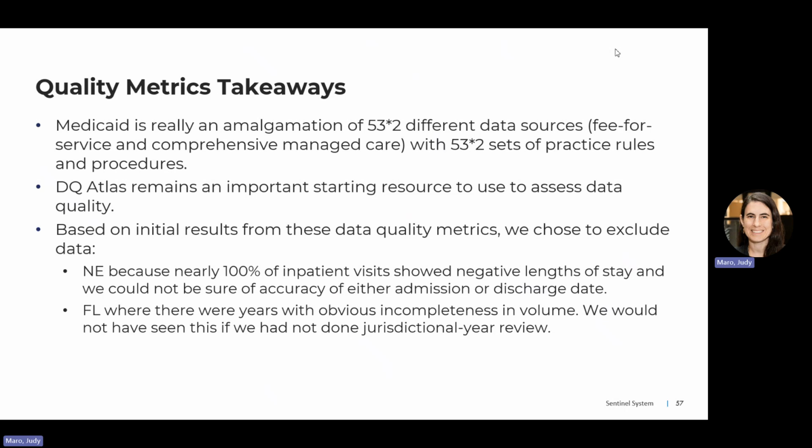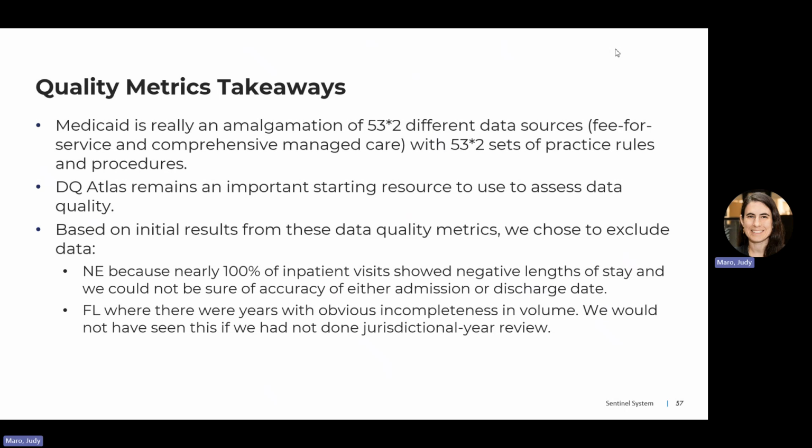We have since come around to find alternative places to gather that information. But in the standard place that it's found for all the other jurisdictions, we were consistently seeing these negative lengths of stay, which caused us to exclude that jurisdiction for a particular time frame.